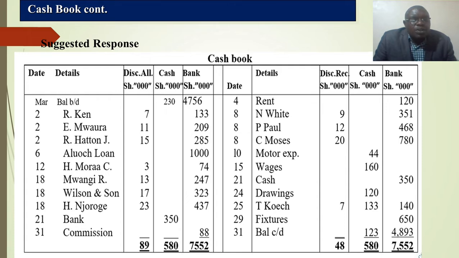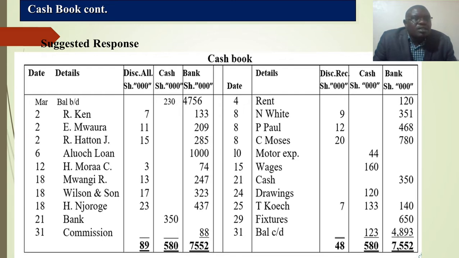The debit side will show amount received to the business, and the credit side will show the amount which were given, or the amount which took away money from the business. So let us start with the side which brought money into the business.